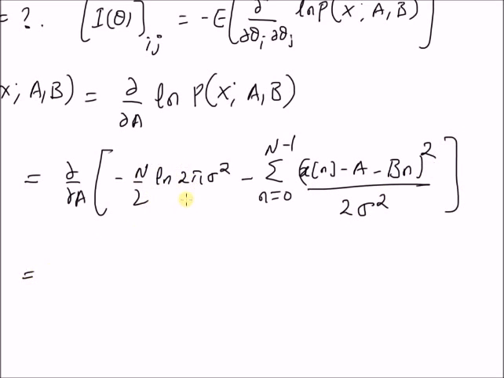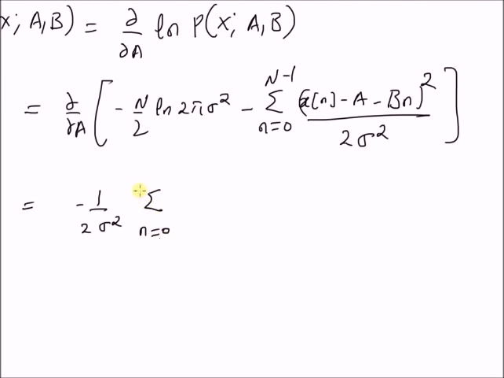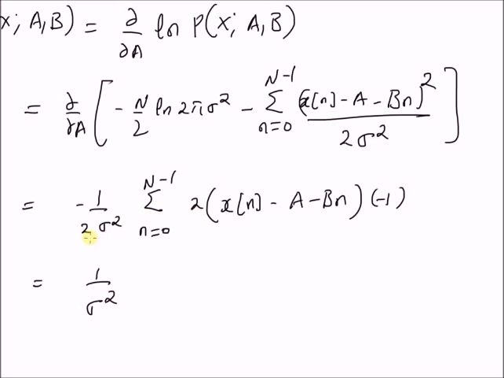Clearly, the derivative of the first term is 0 and the derivative of the second term is minus 1 by 2 sigma squared summation n equal to 0 to N minus 1 of 2 times x of n minus a minus bn, and the derivative of minus a is minus 1. So this simplifies to 1 by sigma squared, since these two and these two cancel each other, summation n equal to 0 to N minus 1 of x of n minus a minus b times n. So this is the partial derivative of the log likelihood function with respect to parameter a.